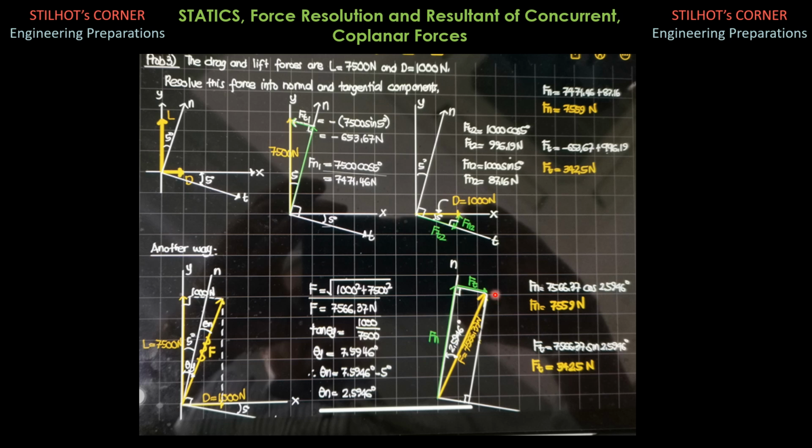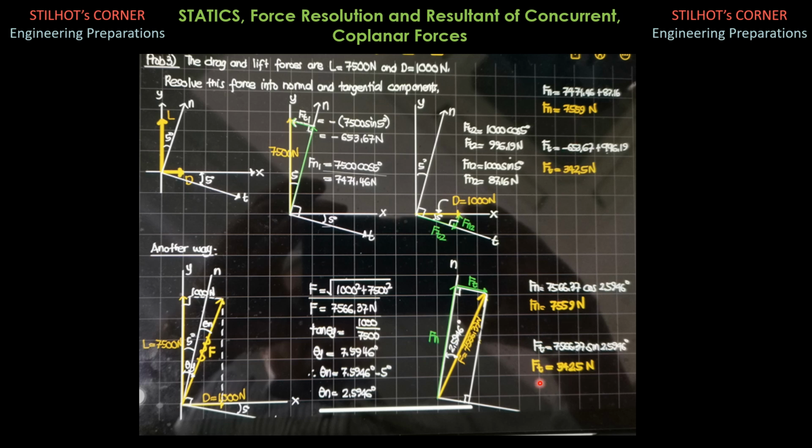So considering this right triangle, this is the normal component and the tangential component. The normal component therefore is equal to 7566.37 cosine of 2.5946, and that is equal to 7559 newtons, which is similar to that.